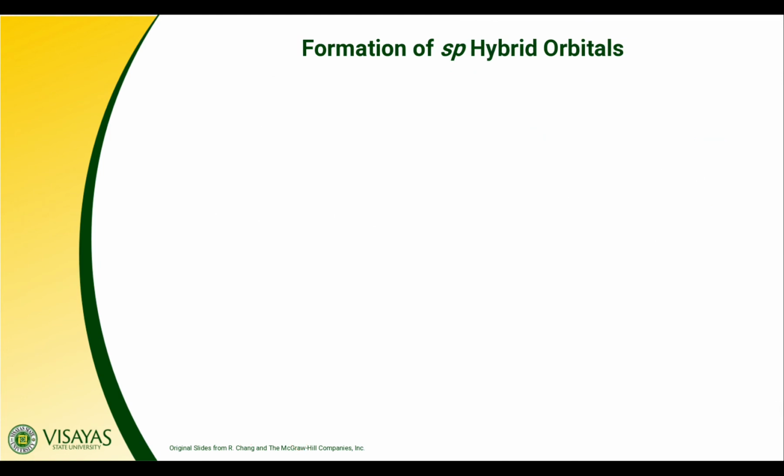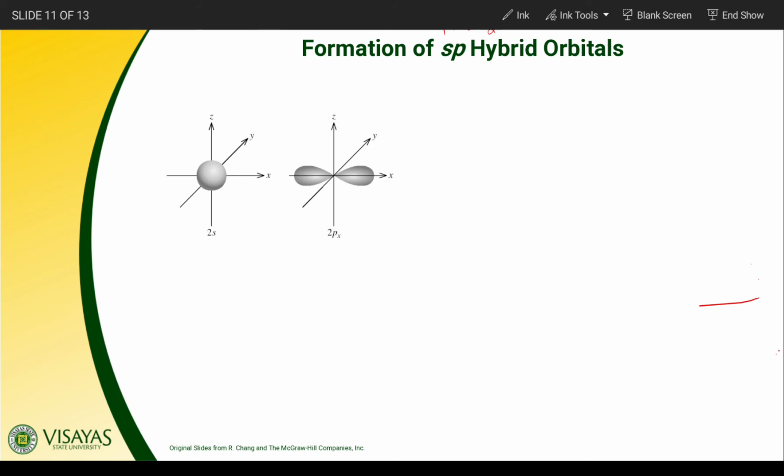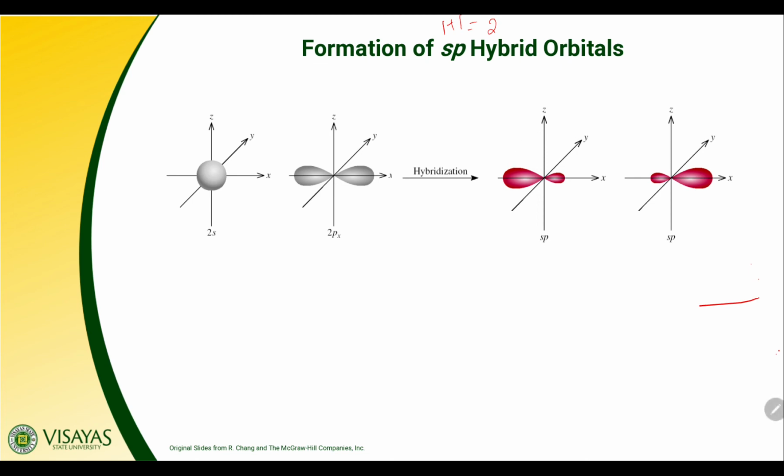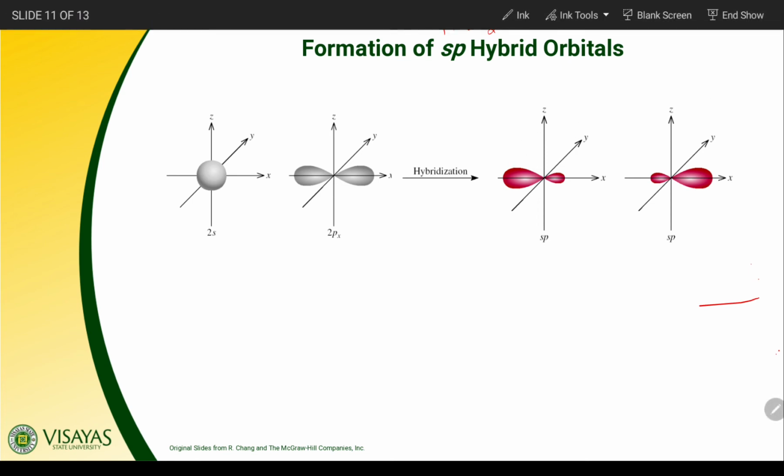Next, we have the formation of sp hybrid orbitals. So in sp, we have of course 1 s and 1 p orbital mixing to form 2 sp hybrid orbitals. Okay, so here we have our 2 sp hybrid orbitals formed.